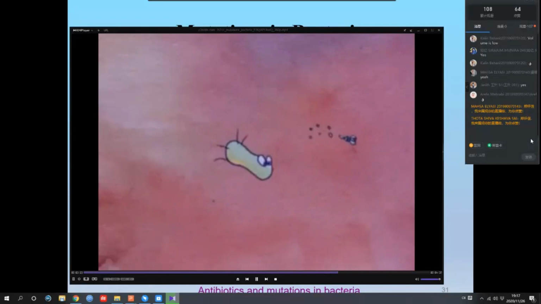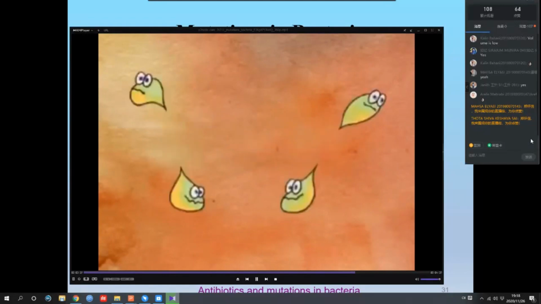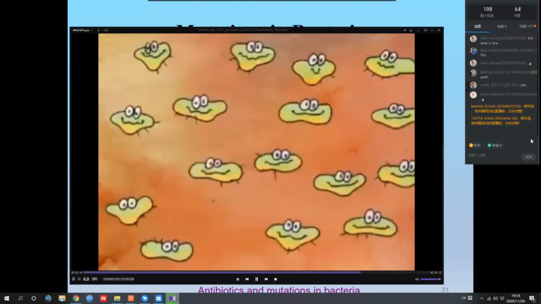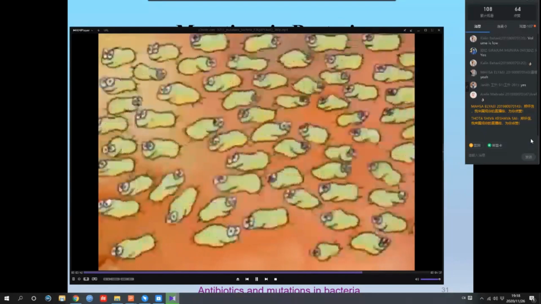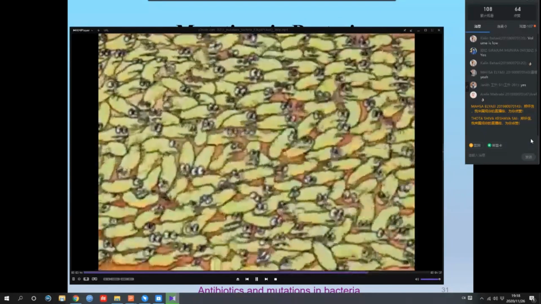When in contact with the antibiotic, the resistant bacteria will be the only ones to survive. In fact, the drug will have chosen the resistant strain. And then, since there is no longer any competition for food, the bacteria can multiply very fast. It's exactly like natural selection.